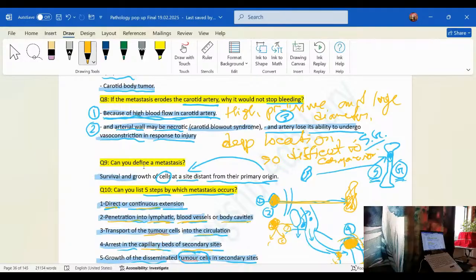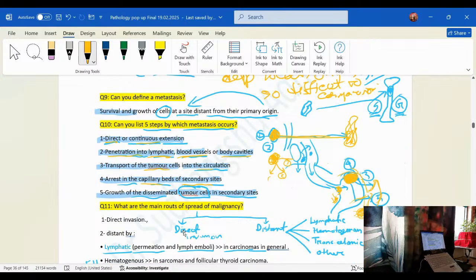Number two, penetration into blood vessel, lymph node or body cavity. Number three, transport of the tumor cell into the circulation. Then arrest in the capillary bed at the secondary site, and growth of the disseminated tumor cell at the secondary site.